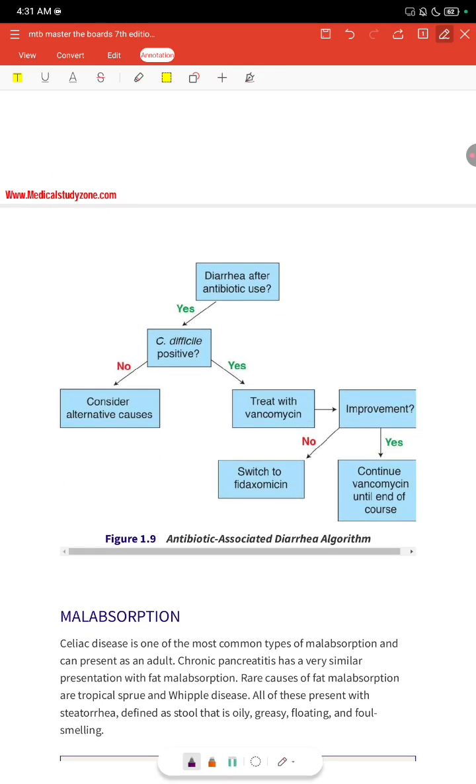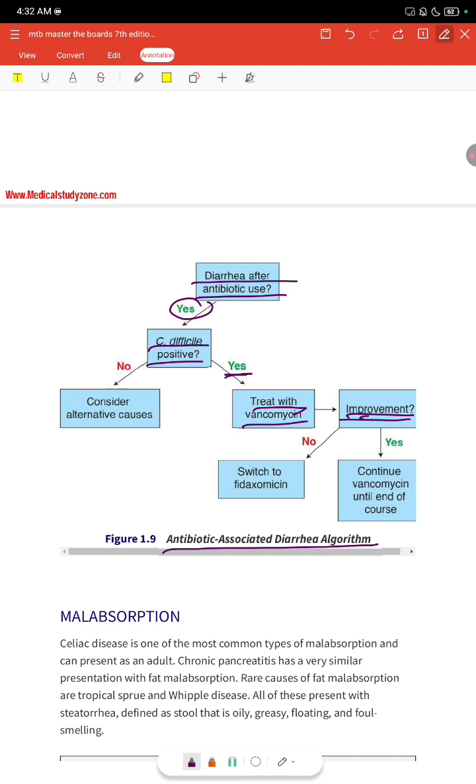So here is the antibiotic-associated diarrhea algorithm. If there is diarrhea after antibiotic use, then check whether C. difficile is positive or not. If C. difficile is positive, then treat with vancomycin.